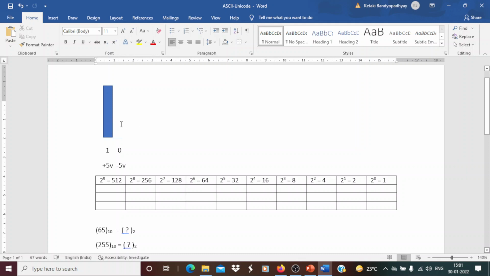The computer inside the system understands only the presence of signal. Presence of signal is represented by plus 5 volt, and minus 5 volt represents absence of signal. So the computer at the core of the core only understands the presence of signal, plus 5 volt, and the absence of signal, minus 5 volt.